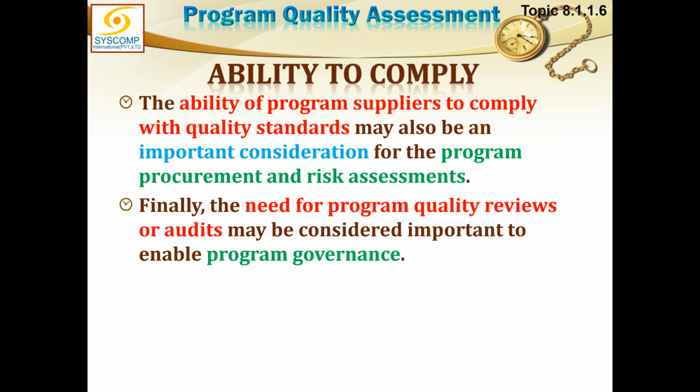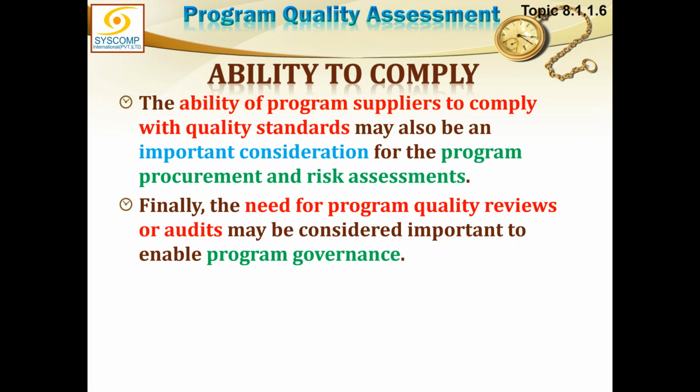So this is an important consideration. If they can't, then probably this is to be considered in your program procurement and in your risk assessment. Finally, the need for program quality reviews or audits may be considered important to enable program governance.